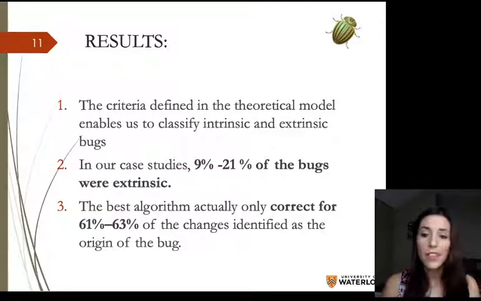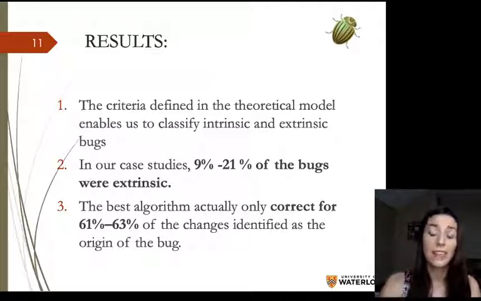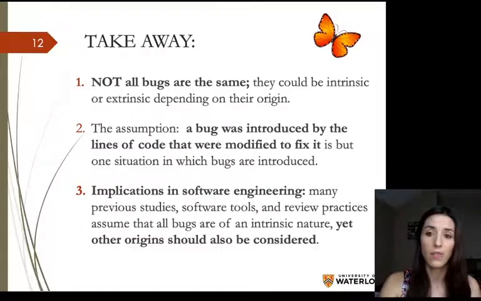Finally, we found that the best algorithm is actually only correct for 61 to 63% of the changes identified as the origin of the bug. So the takeaway here is, first, there are intrinsic and extrinsic bugs.